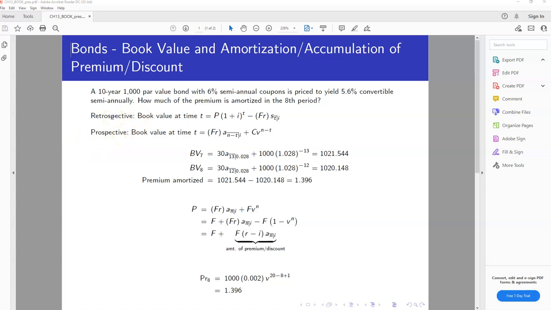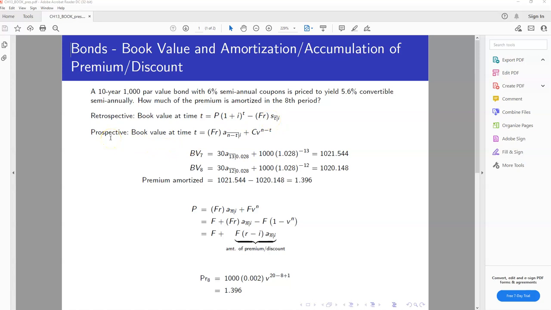So remember, for retrospective, the book value or the balance at time t will be how much the initial investment grew in those t time periods, minus the accumulation of all of the coupon payments so far. So this would be your retrospective method.